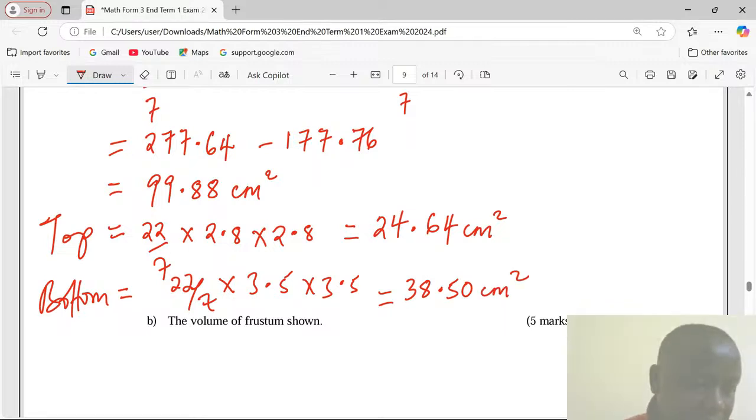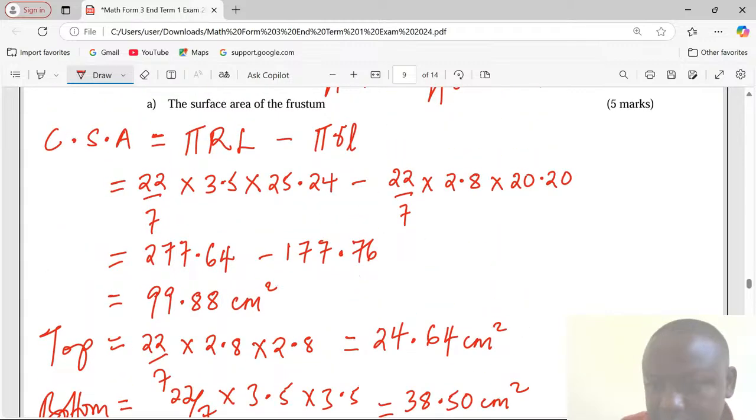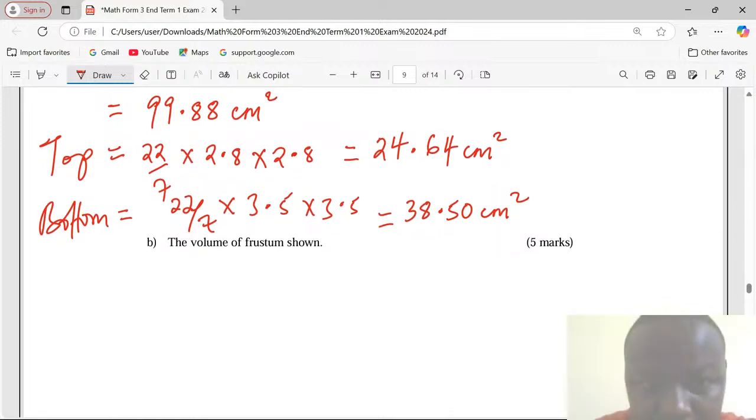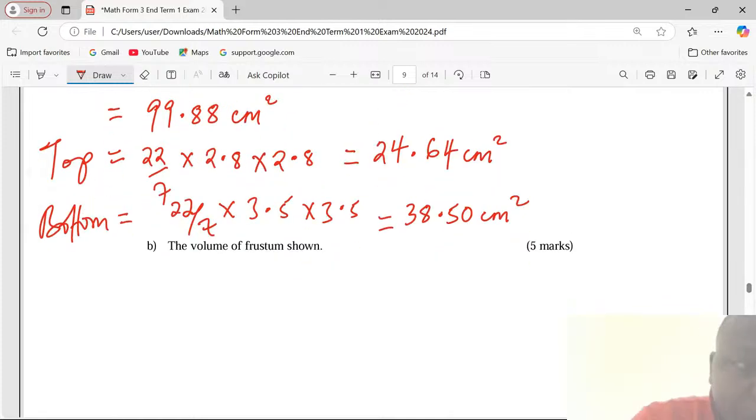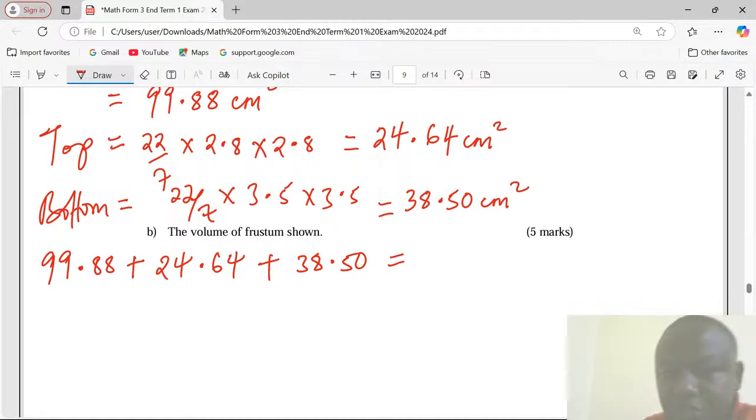Now, for us to talk about total surface area, we need to add all the surfaces: the curved surface, 99.88, the top circle, 24.64, the bottom circle, 38.50. This is equivalent to 99.88 plus 24.64 plus 38.5.